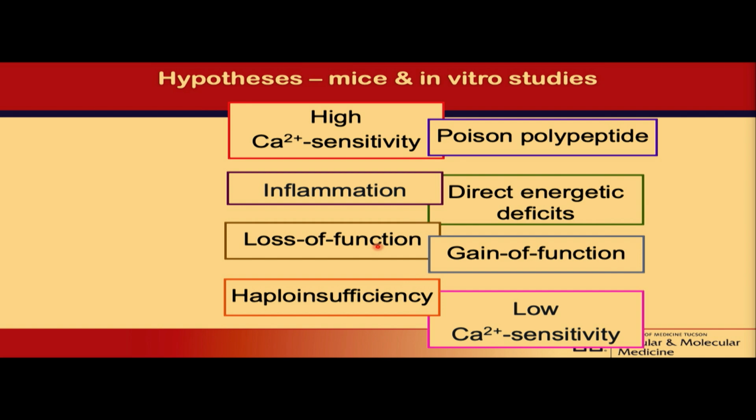Some genetic variants can activate more inflammation. Some mutations can cause a direct energetic deficit. And then we talked about loss of function, gain of function, haploinsufficiency, low calcium sensitivity. So these can all be potential mechanisms for developing hypertrophic cardiomyopathy.